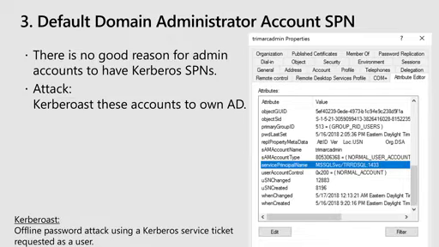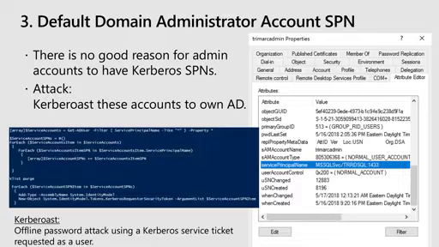You authenticate, you get your authentication ticket, your TGT, and then you request a service ticket for a Kerberos SPN. That SPN is associated with the account, and then that service ticket is generated and encrypted with the password hash of that service account if the attacker actually requests an RC4 encrypted Kerberos service ticket.